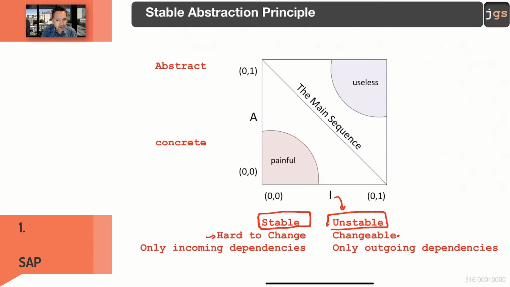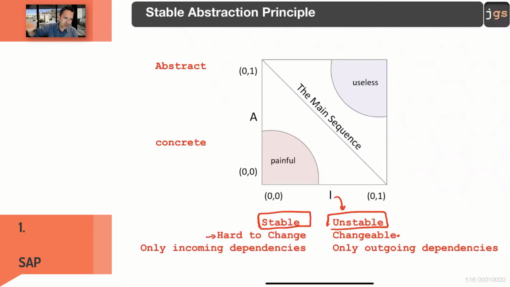That is correct. As someone mentioned in the chat, switch the meanings. What is good is unstable. 1 is a good number.